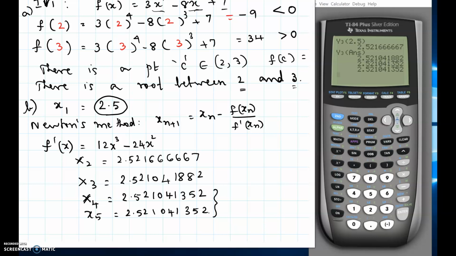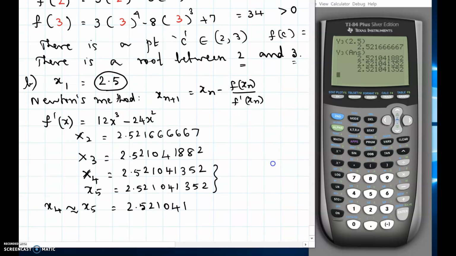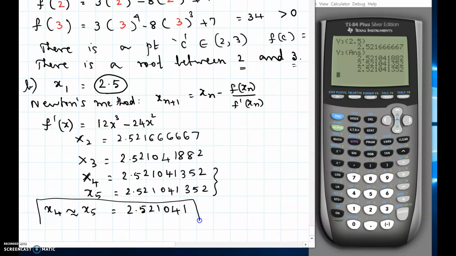So the approximated root is x4 or x5, both approximately equal to 2.521041. Because we are asked to find only up to 6 decimal places, we can leave it like this. Hope this video helps.